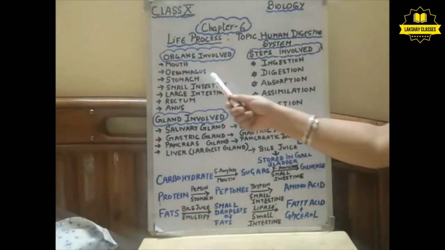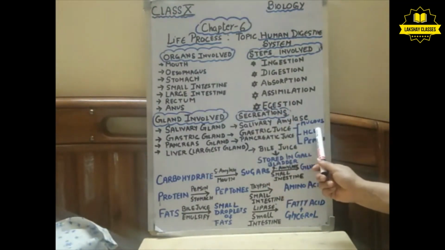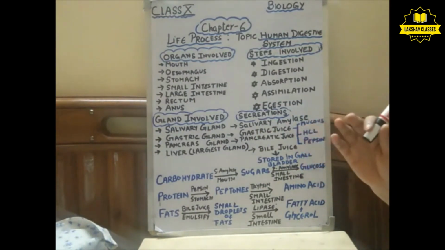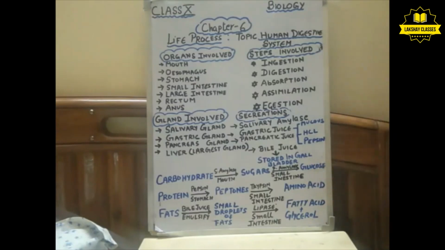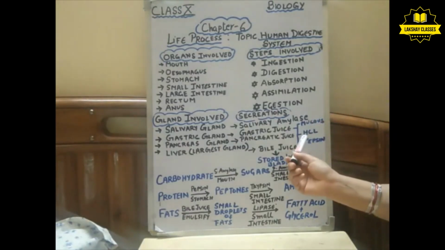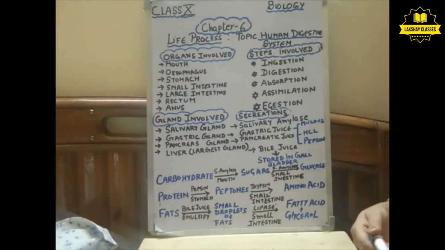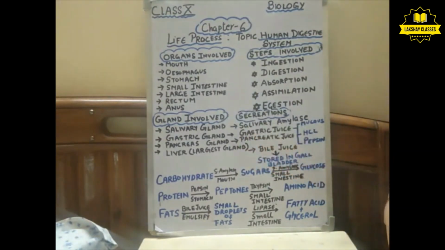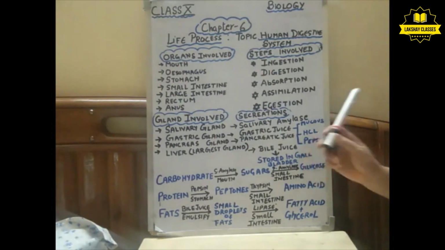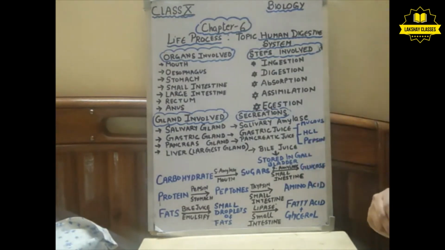Because in the stomach there was acid, and mucus was there to prevent the burning sensation from the acid. But in the small intestine there is no mucus. So the medium of the food needs to be changed. To change the medium of the food from acidic to basic, or alkaline, this bile juice is very important. Right?